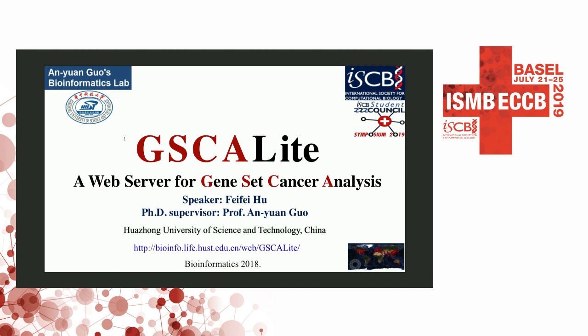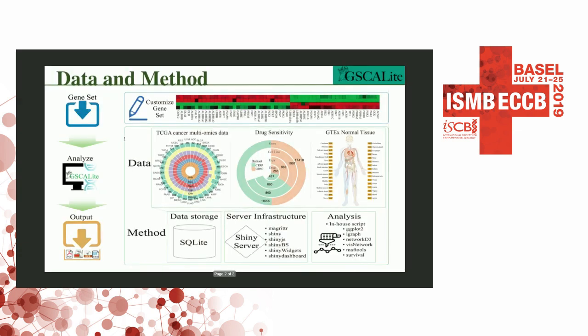Hello, everyone. This is Fei Hu, a student from Huazhong University of Science and Technology, China. I'm happy to stand here to introduce GSCA Lite to you, which is a web server for gene-set cancer analysis. Since its release, it has been used by scientists around the world nearly 5,000 times. In general, after the user inputs a gene set, GSCA Lite will analyze it, and the result can be downloaded in many formats.